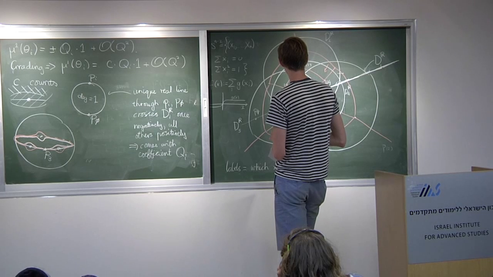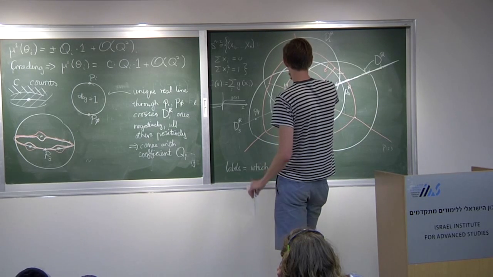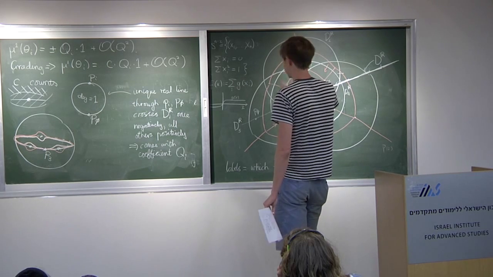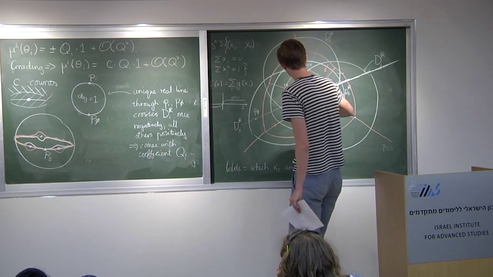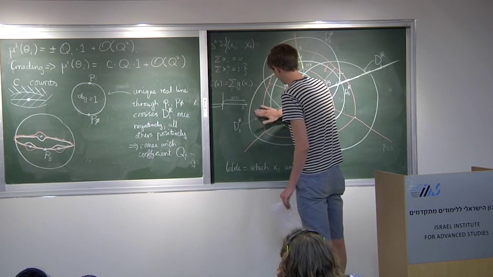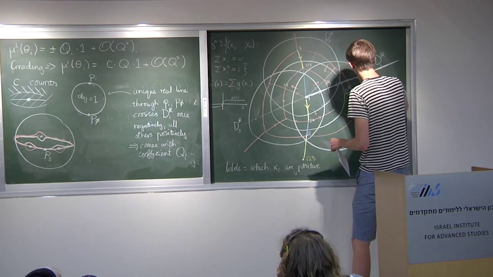Like you have a disk and there's two boundary components between Pi? You're right. Sorry. Okay. What I should have said is that I should have drawn P5 over here.